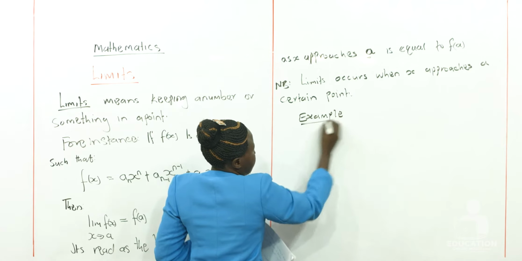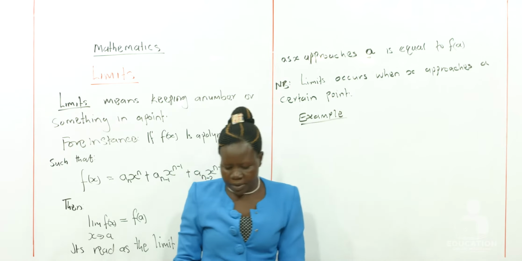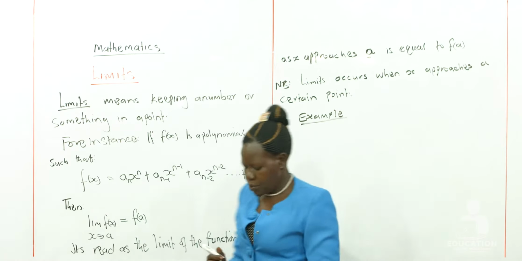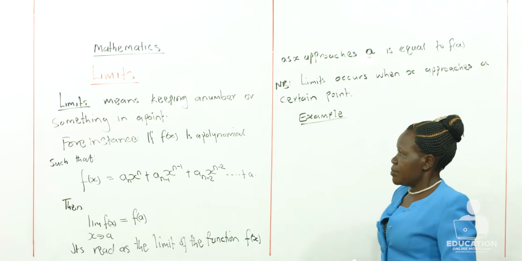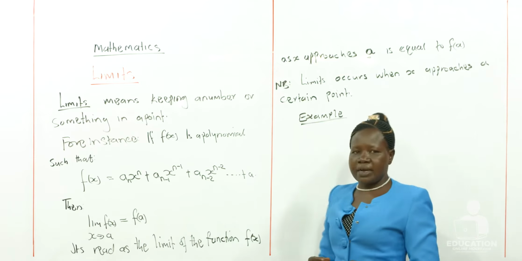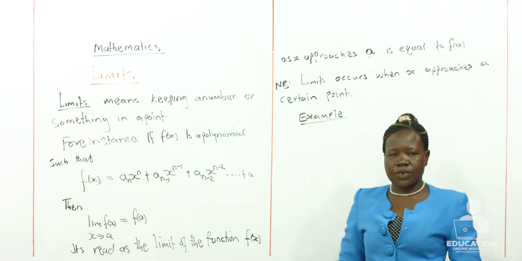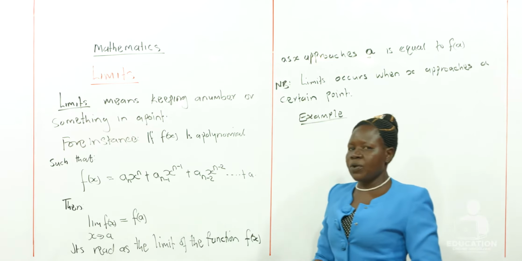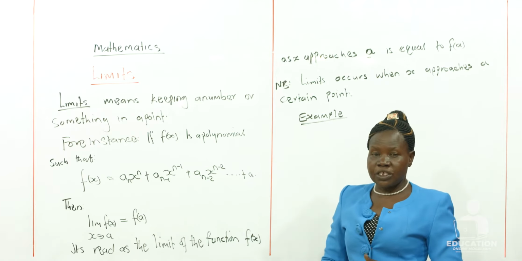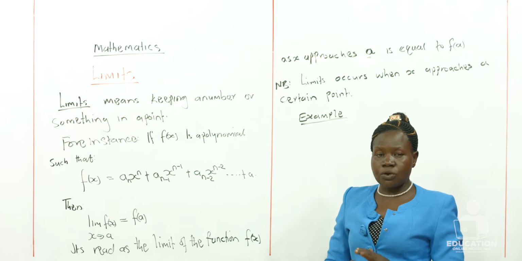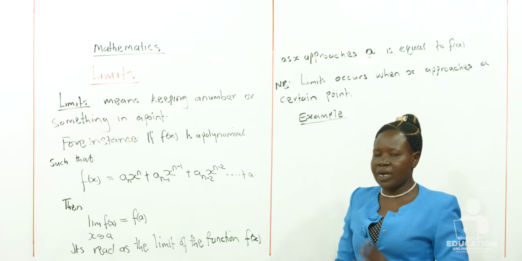So learners, let me explain this paragraph so that you can understand what we mean by limits. We say limits are the same as what we call problems. And whenever a problem occurs, it affects you from achieving a certain goal or your dream.